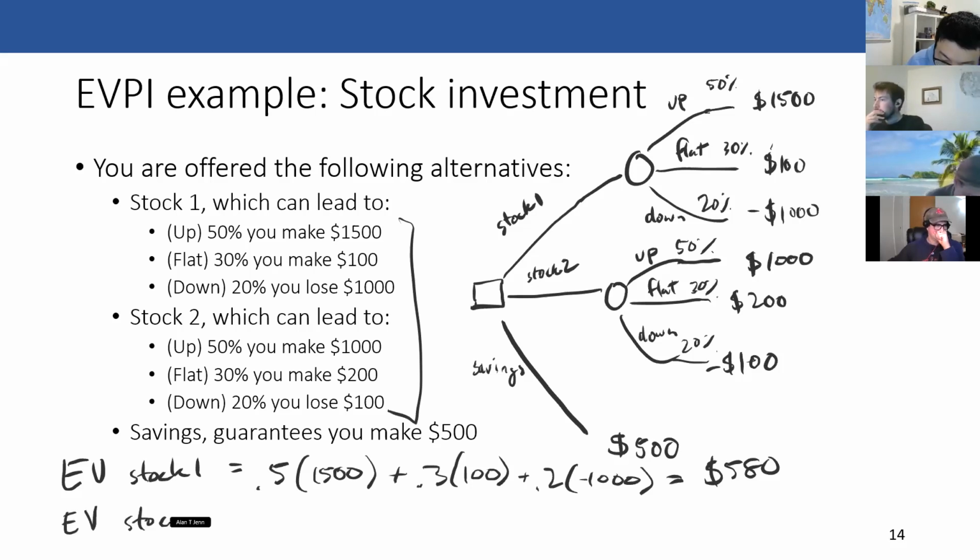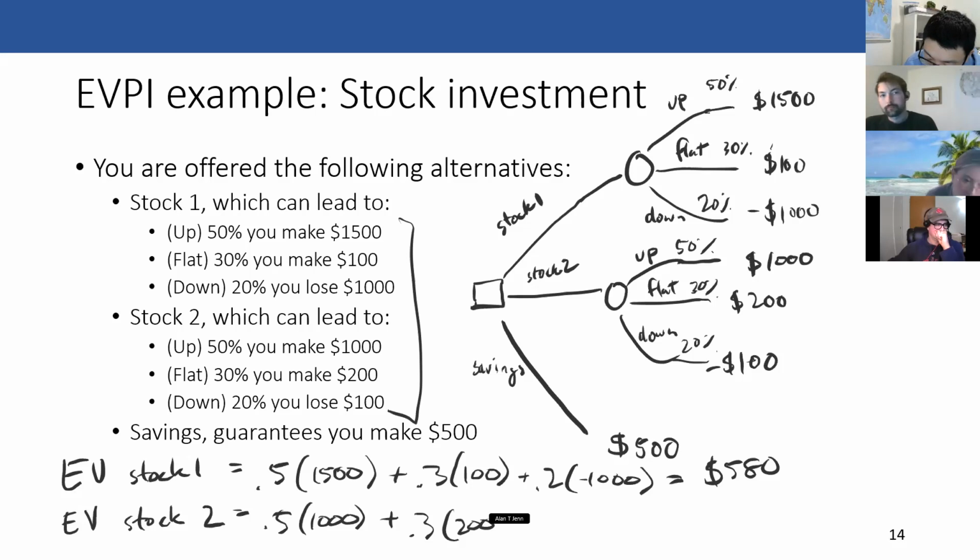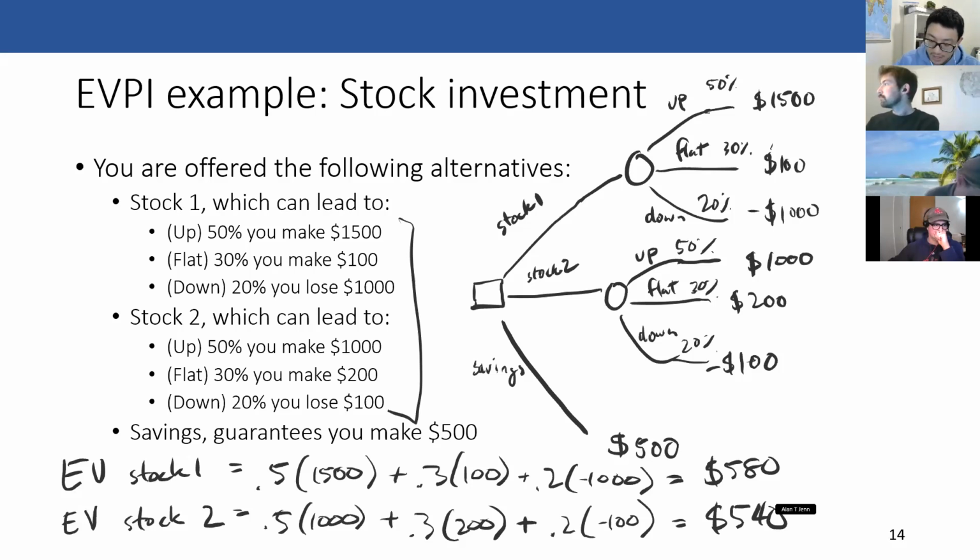EV stock 2 is equal to 0.5 times 1,000 plus 0.3 times 200 plus 0.2 times negative 100. So that's equal to 500 plus 60, so 560, minus 20, so that's 540. And then our EV savings is equal to 500.